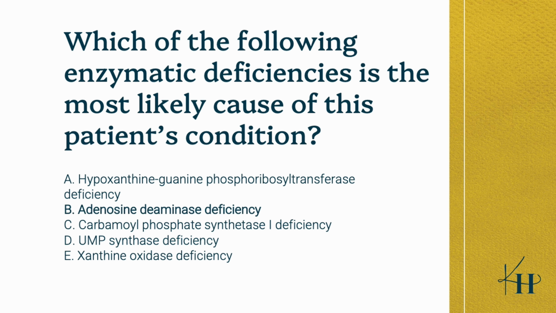So when you eliminate all these choices that don't explain SCID, the correct answer is ADA deficiency. Our one-line board takeaway here, if you see SCID plus a purine metabolism clue, think ADA deficiency. Also, I want you to remember that not all SCID is caused by ADA deficiency. We'll go into more ways to identify SCID and its many causes in a dedicated video.